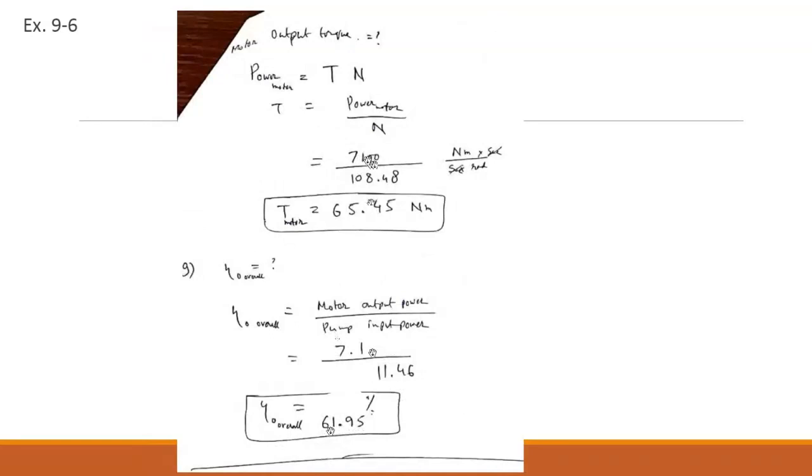So that's how, if something like that comes in the exam, to find the overall efficiency of the entire system, it will be the final output and the initial input. The initial input is the mechanical power provided to the hydraulic pump, and the mechanical power produced by the hydraulic motor.